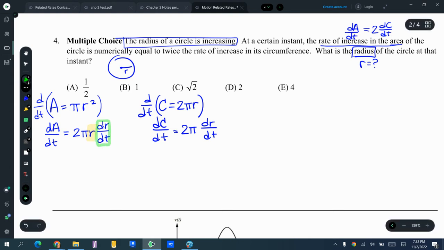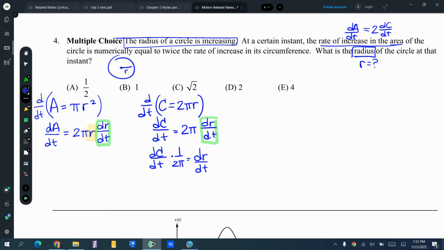Let's go ahead and solve for dr/dt. So dr/dt is going to equal dC/dt, and I'm going to multiply by the reciprocal of 2 pi. It's the same as dividing. It's just I don't want a dC/dt over 2 pi. It's too many divisions.